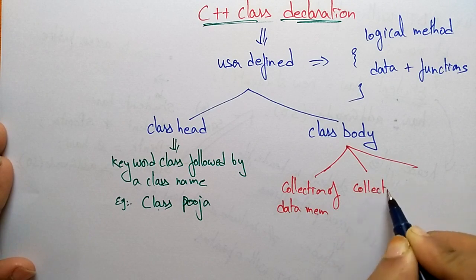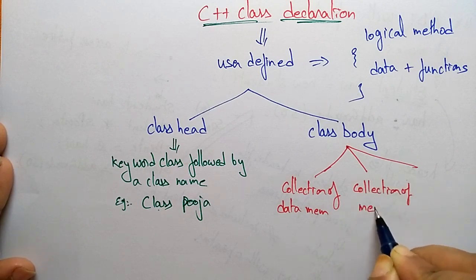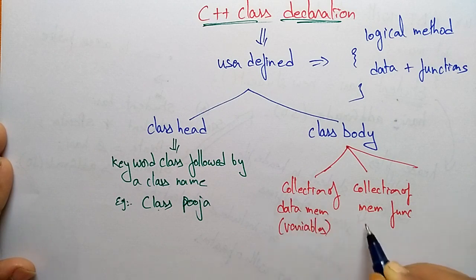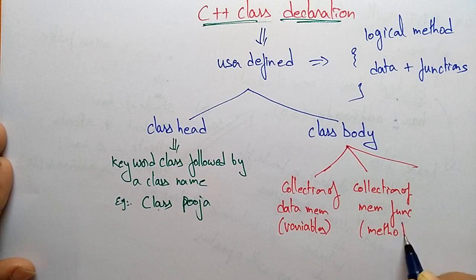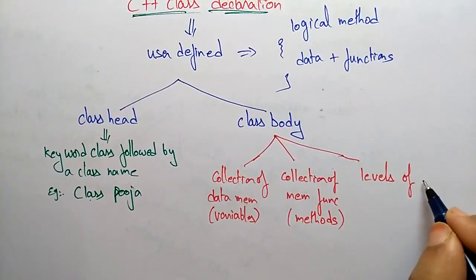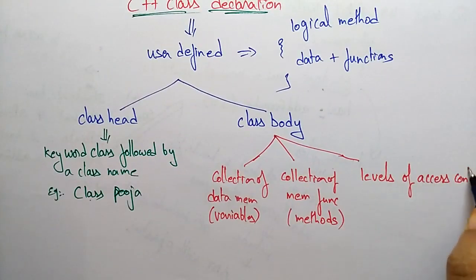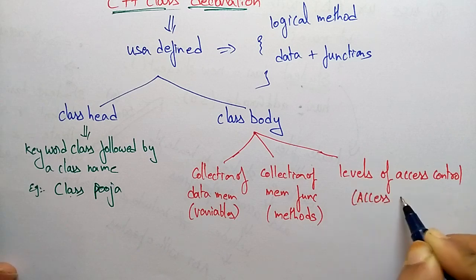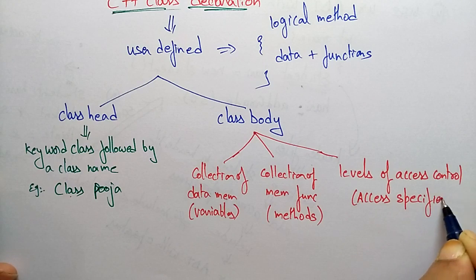Then a collection of member functions, which are nothing but methods. And the class body also has levels of access control, nothing but access specifiers. Those are public, private and protected.